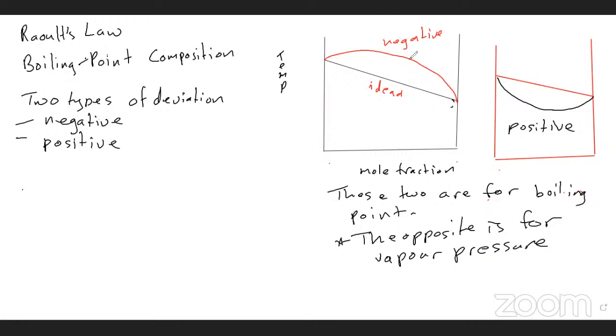So for negative deviation, it would be below the line. And for positive deviation, it would be above the line of the vapor pressure. Just do that quickly.